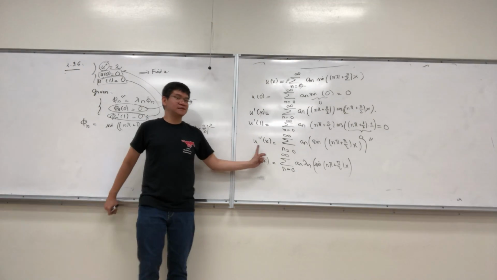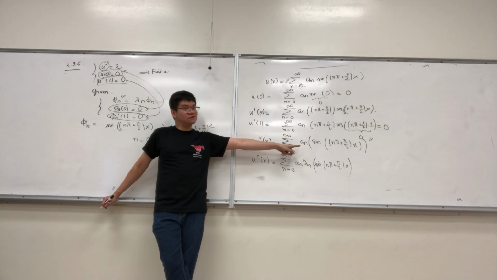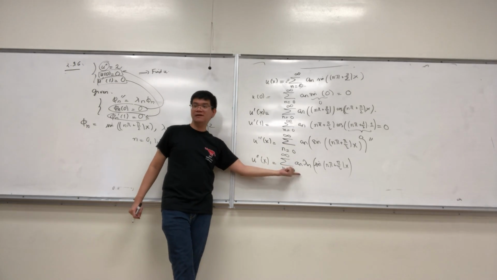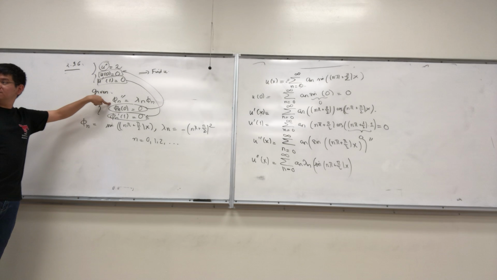So if you want to take a second derivative of u, what you do is you take the second derivative of the function sinus. The second derivative of the function sinus will give you lambda n times the function sinus because of this guy.